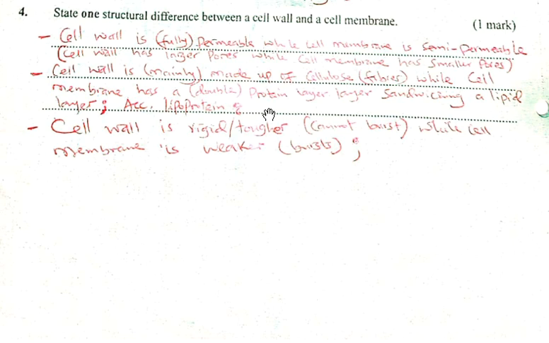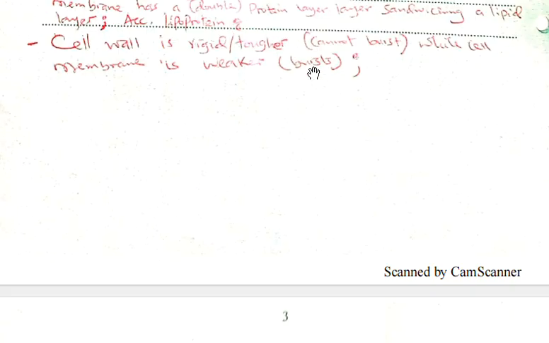The cell wall is mainly made up of cellulose, while the cell membrane has a double protein layer sandwiched in between a lipid layer. Then the third difference, the cell wall is rigid, or in short tougher, and hence cannot burst, while the cell membrane is weak and bursts. And in this question, because they've said one, you just stick to one.